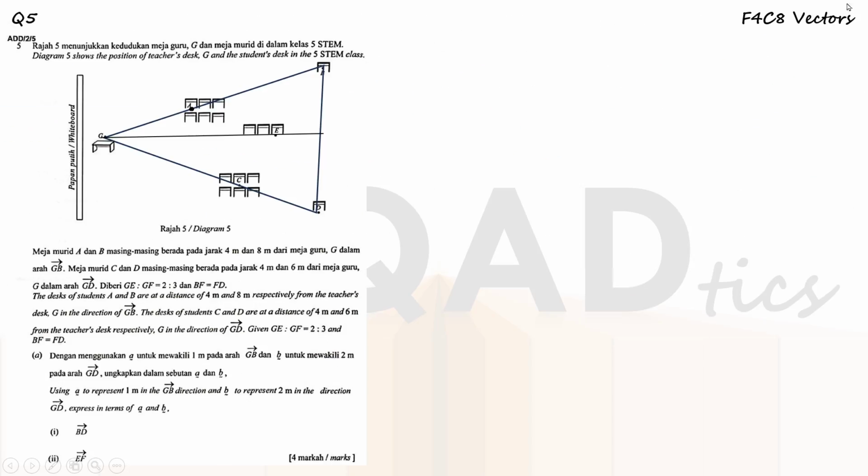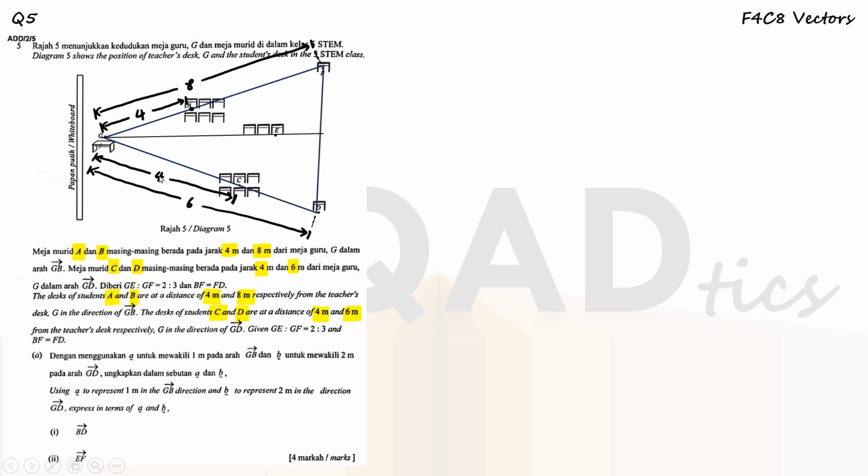Next question comes from the factors chapter, right? So there's a lot of information here, so I will explain and also draw something on this diagram at the same time. Right, so if we look at the distance from the teacher's desk, which is G, to the student desks, so from A will be 4 meters, B will be 8 meters, and from C is 4 meters, from D is 6 meters, right?